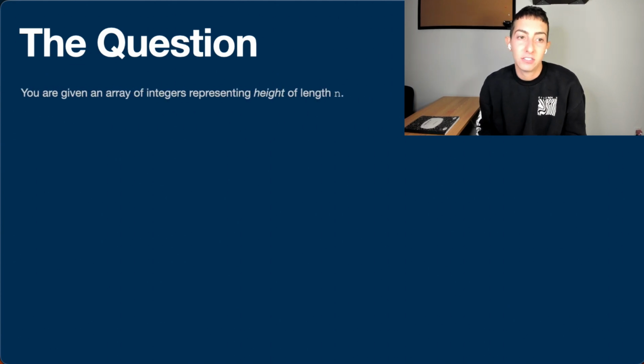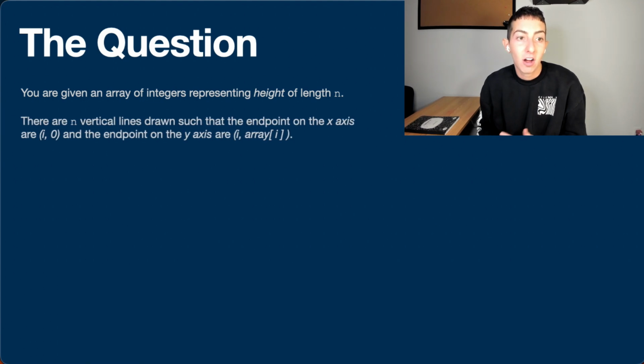You are given an array of integers representing height of length n. There are n vertical lines drawn. So every single element in this array is going to represent a bar on the graph, and each value in the array represents the height of that bar on the graph. There are n vertical lines drawn such that the endpoints on the x-axis are i and 0.